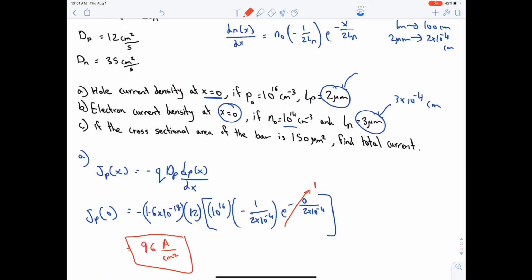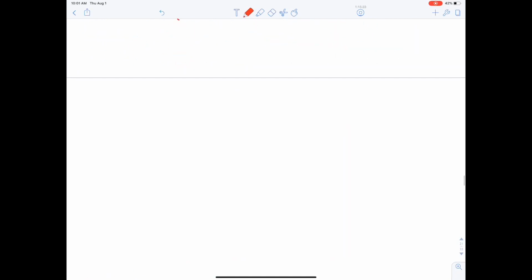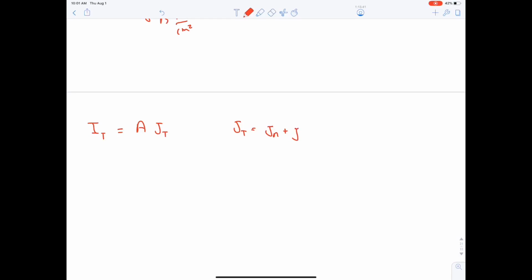For part C, it says if the cross-sectional area is 150 micrometers squared, find the total current. Now, total current I total can be found from A times J total, right? And J total is Jn plus Jp. So let's first fix the area.